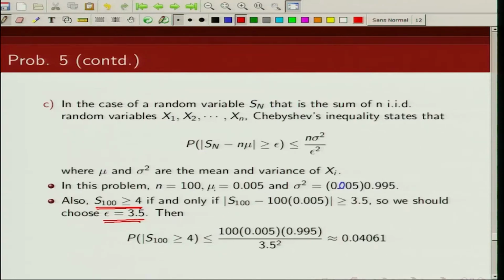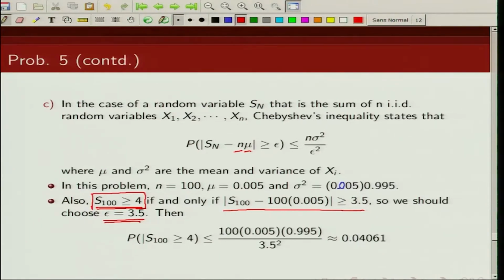So for the given value of n and mu, our epsilon should be chosen as 3.5. Then only will we get the condition that the sum of these 100 bits has more than 3 ones.